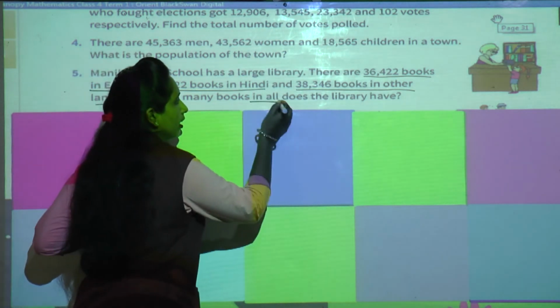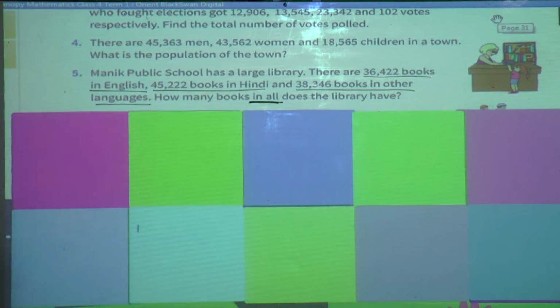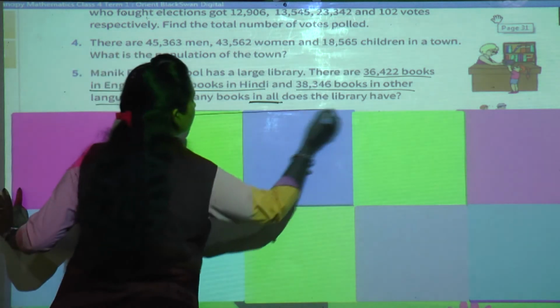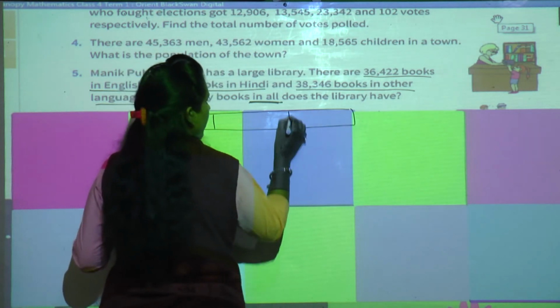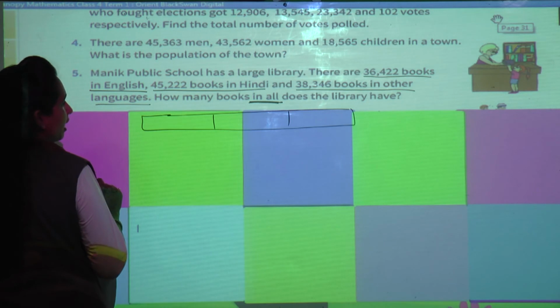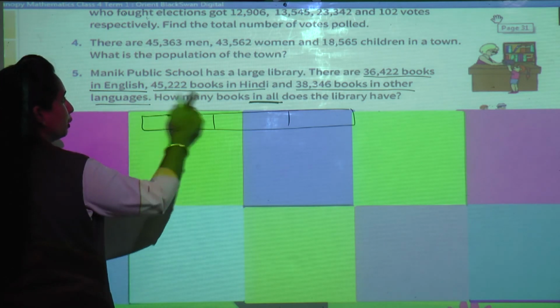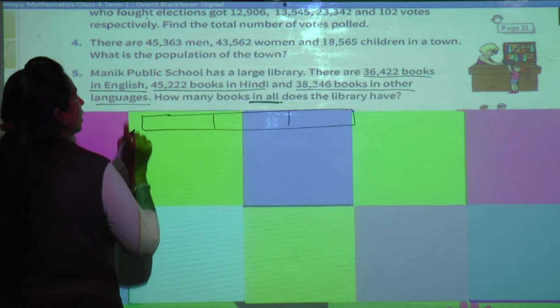In all. See, whenever 'in all' comes, you have to do the addition. Okay. So how can we draw the picture, with whatever information they have given? See, there are books in different languages. Actually they gave 2 languages, and the other language they did not mention in particular.